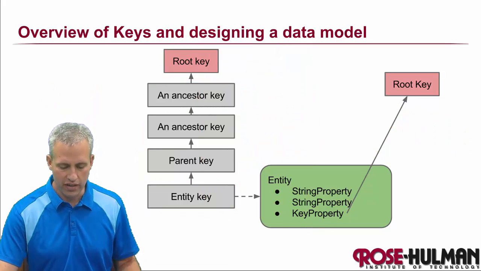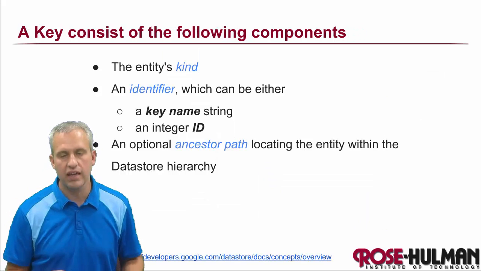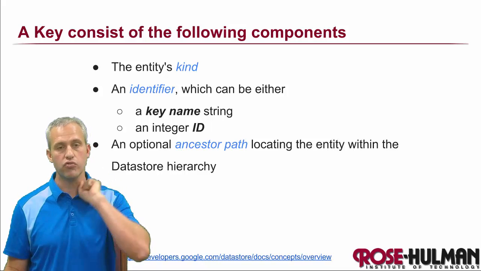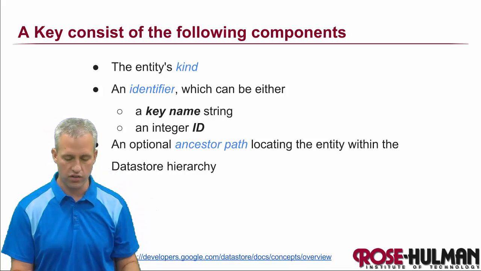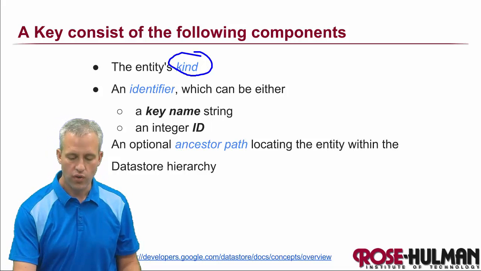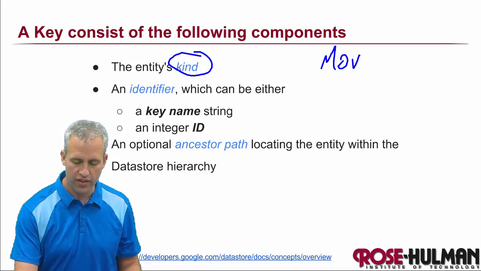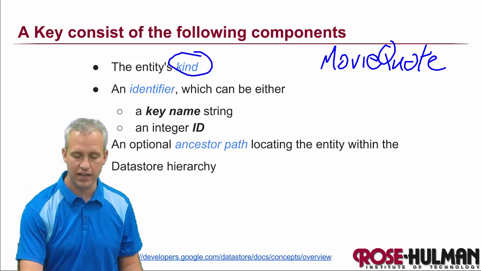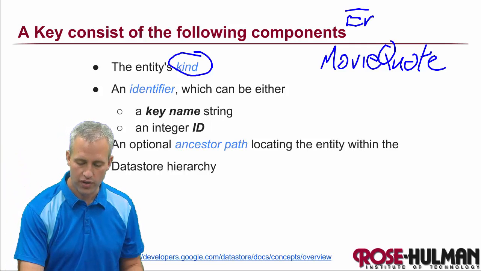Let's talk more about keys. A key consists of three things. The idea of a key is it has to be able to uniquely identify an entity. That's what it does. So one of the things in the key is the kind. For movie quotes, the kind was movie quote. If you remember way back, movie quote actually had a parent key, which did not point to an entity.